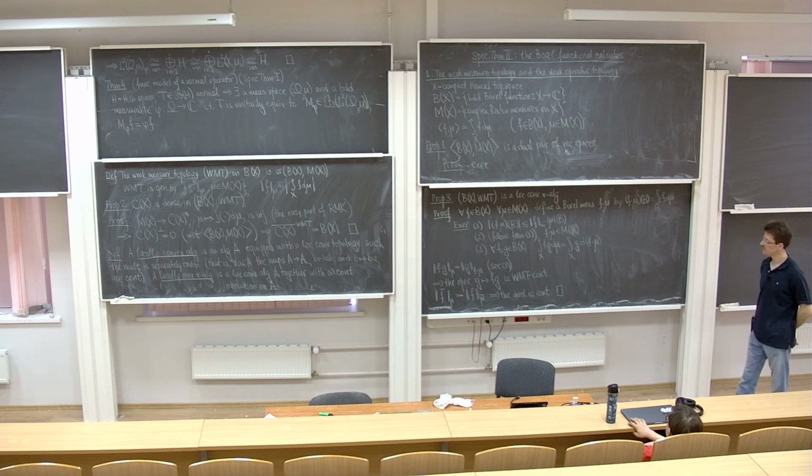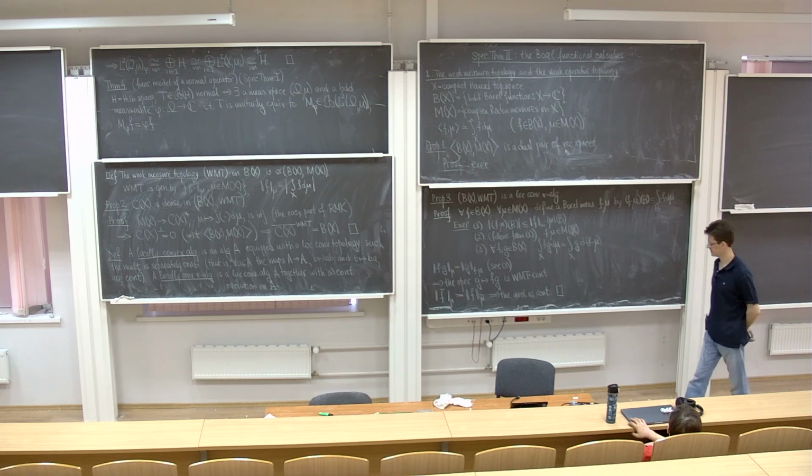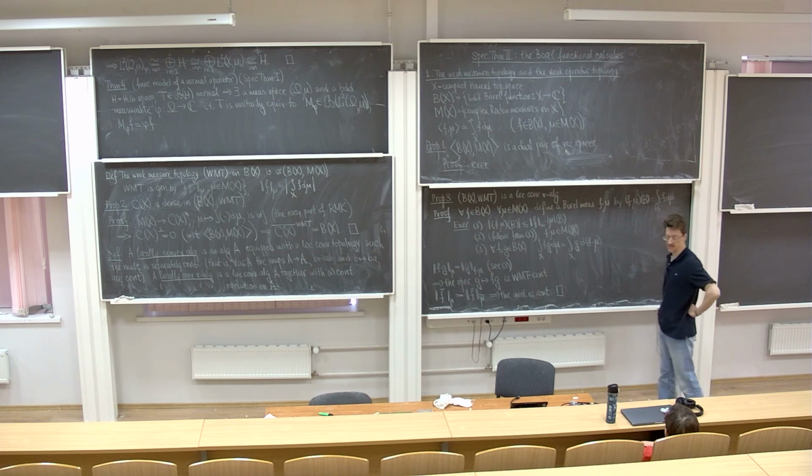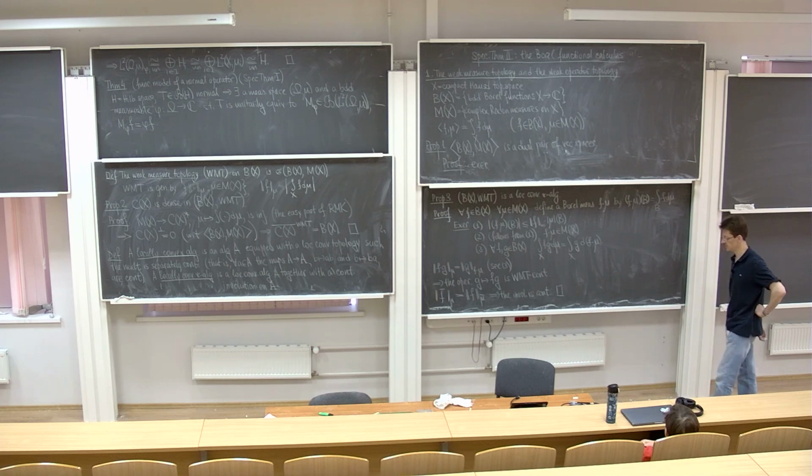By the way, it's a nice exercise. Well, maybe it is not directly related to our course, but maybe somehow it is related because it is about locally convex spaces. The multiplication in general is not jointly continuous.